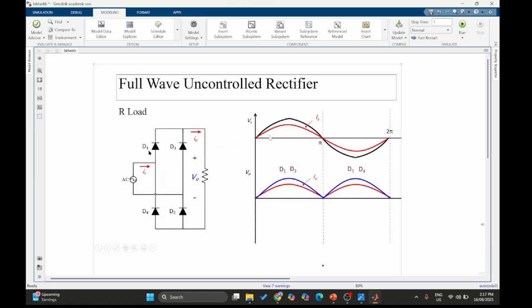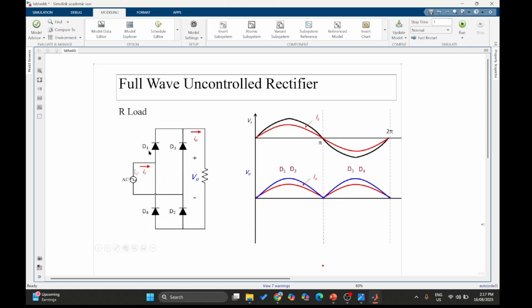During the positive half cycle, the current will start from the source and flow through diode 1, then go to the load, and since diode 2 is also forward biased, it will pass through diode 2 and return to the source. This is the complete current path in the positive half cycle.